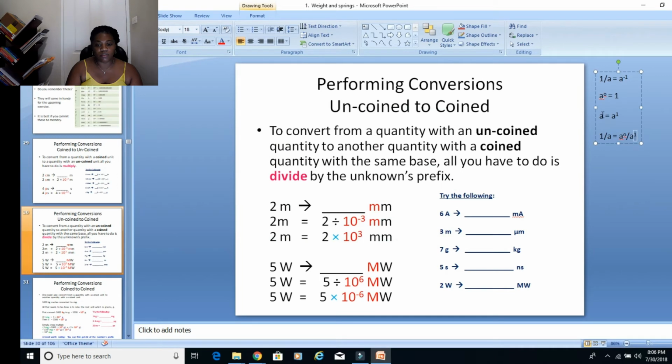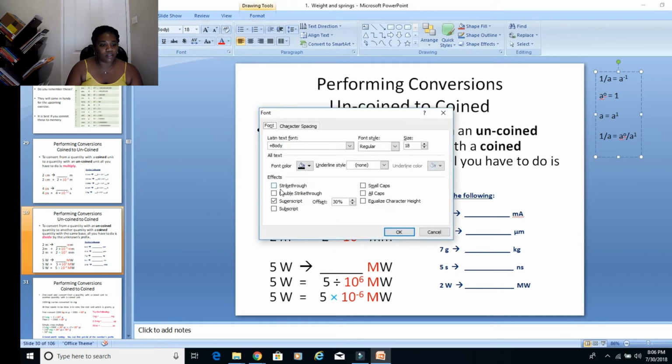Okay, so then therefore, if 1 over a is equal to a to the 0 over a to the 1, then remember, when you're dealing with division, you subtract.